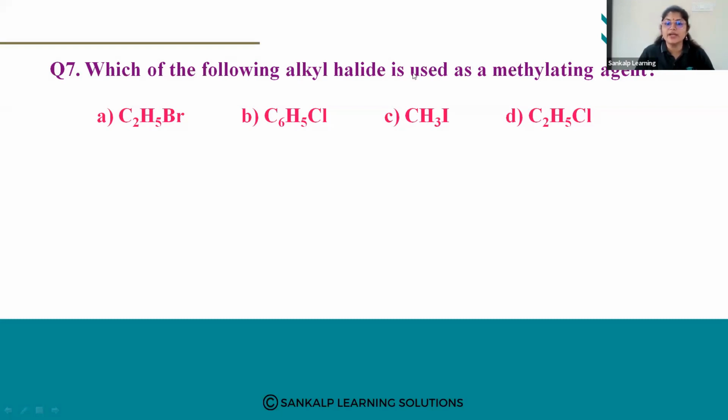Which of the following alkyl halides is used as a methylating agent? How can you produce the methylating agent? You know the reactivity of halogen acids: iodo, then Br, and then Cl.